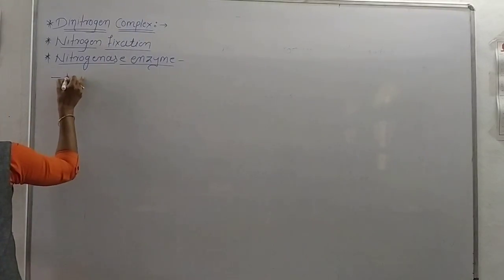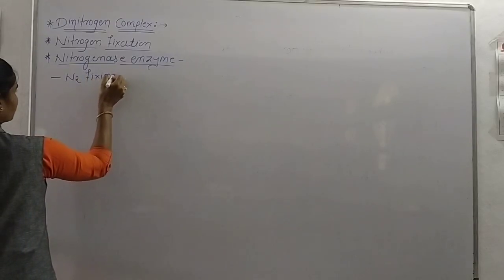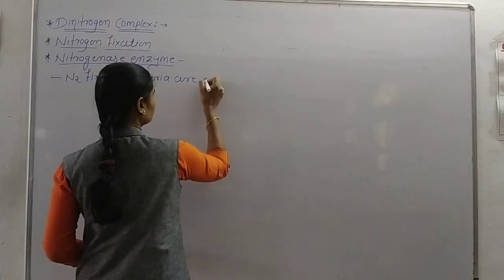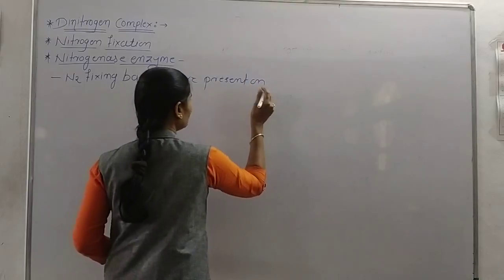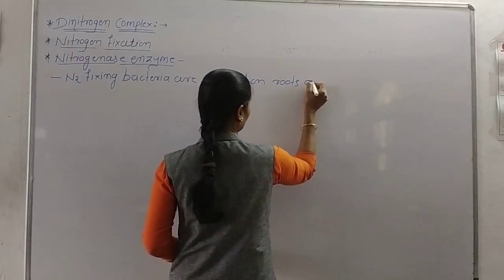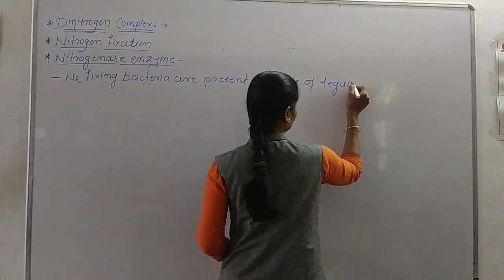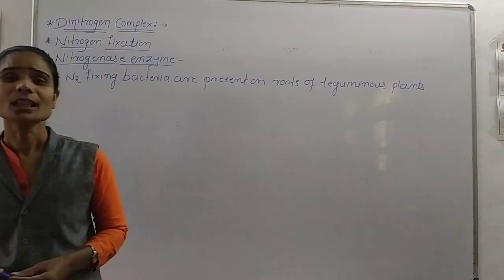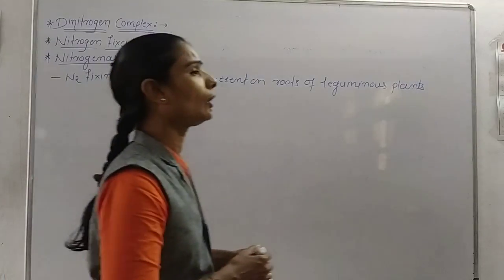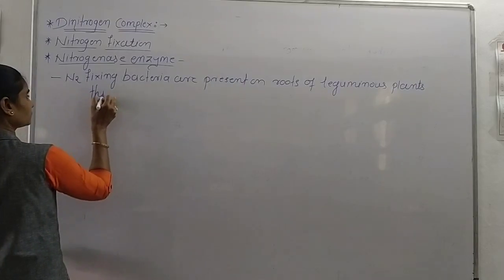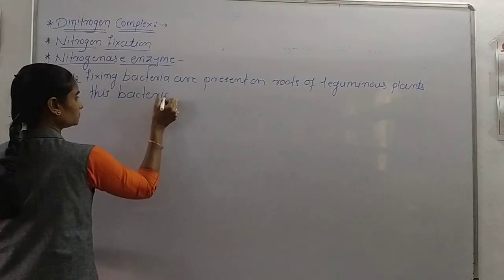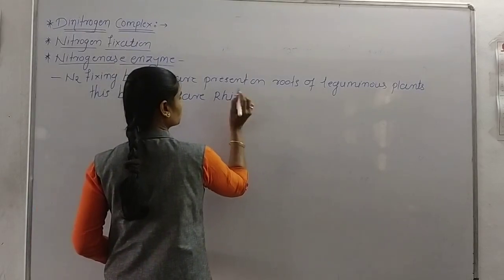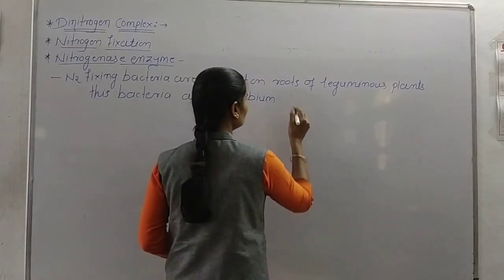So, nitrogen fixing bacteria are present on the roots of leguminous plants. These bacteria are Rhizobium bacteria.